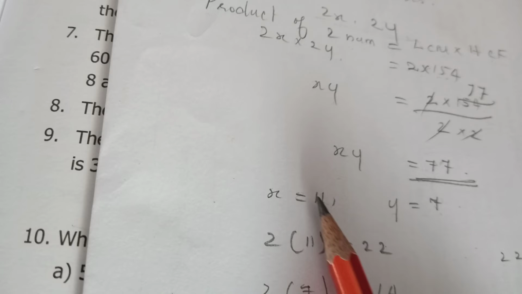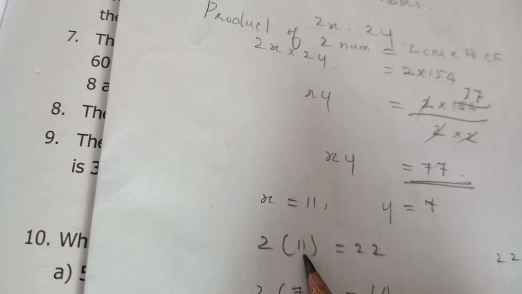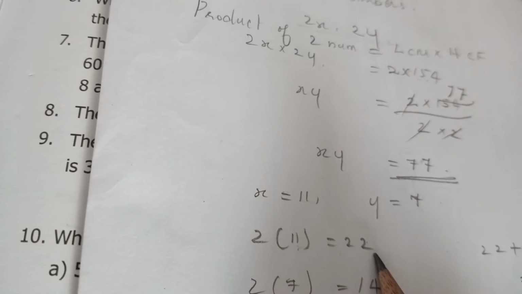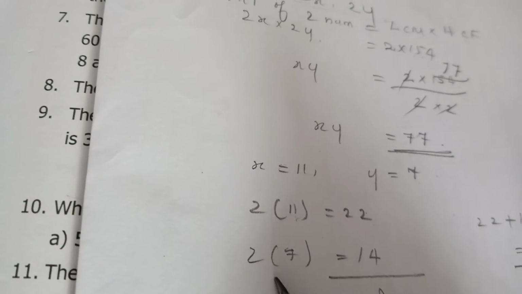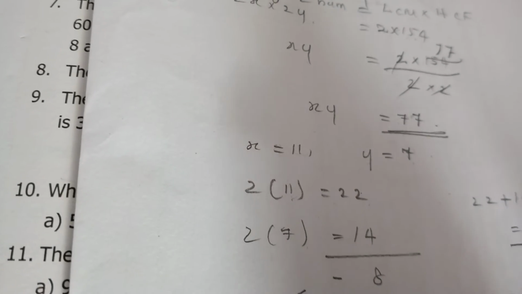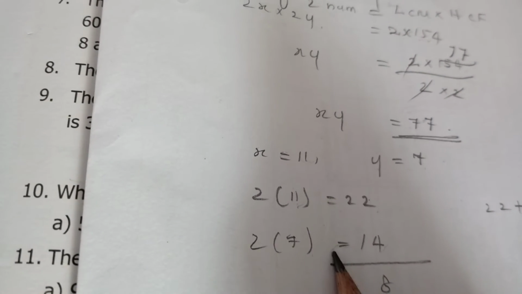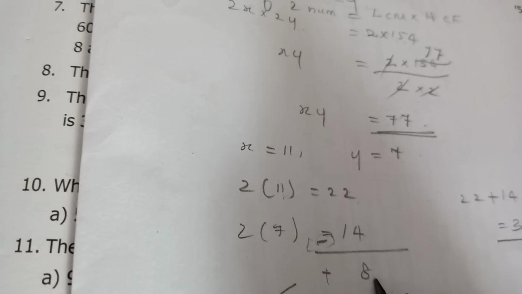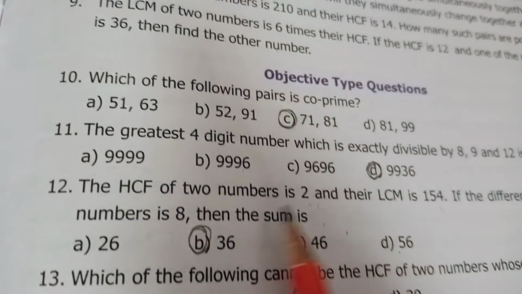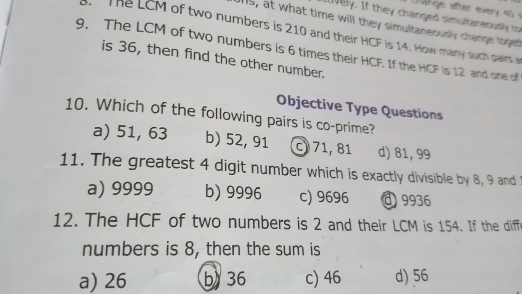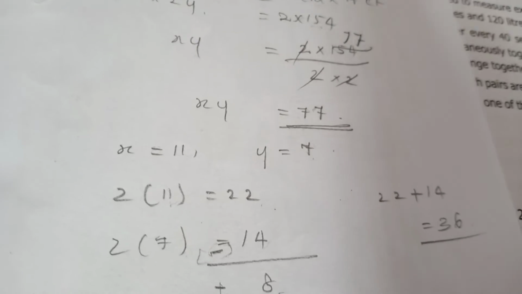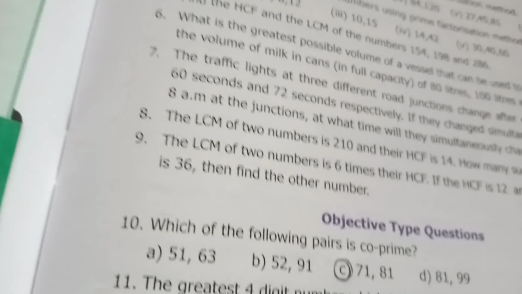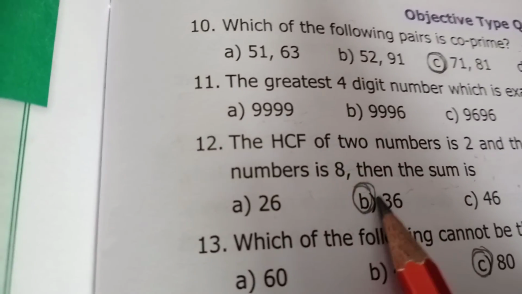Now in place of x we put 11. Already we have 2x. So instead of 2x we get 22, and instead of 2y we put 7, that is 14. They asked for the difference, so we subtract, and we get 8. Finally the question asked is the sum, so we add. 22 + 14 is equal to 36. So our answer is 36, B option.